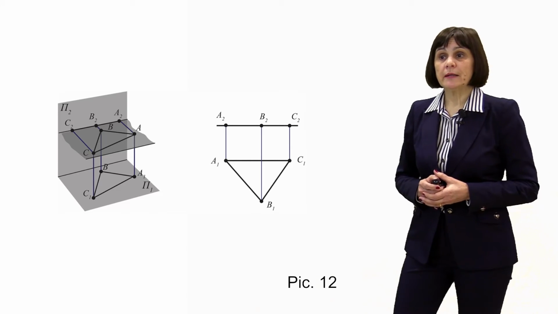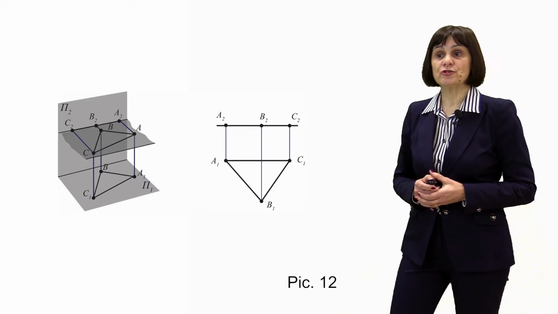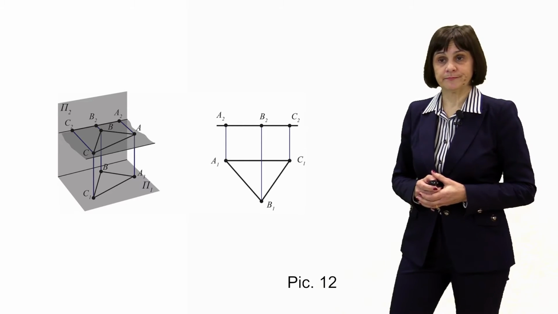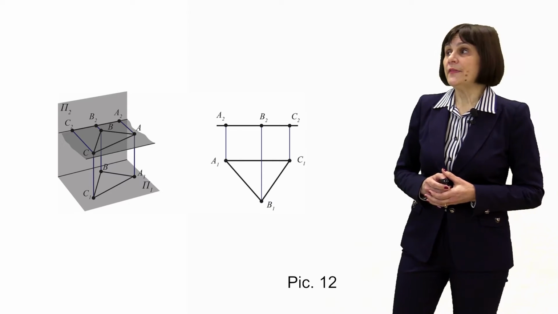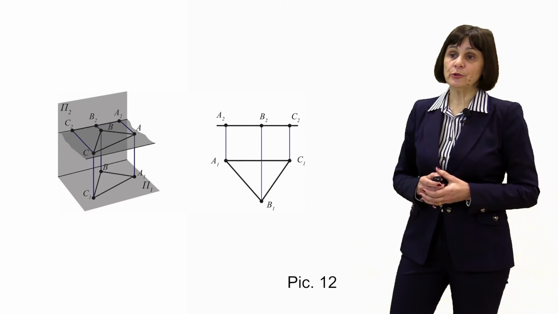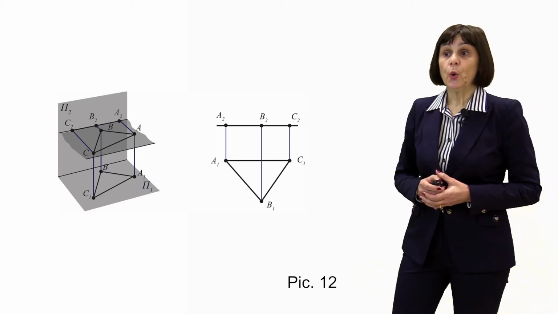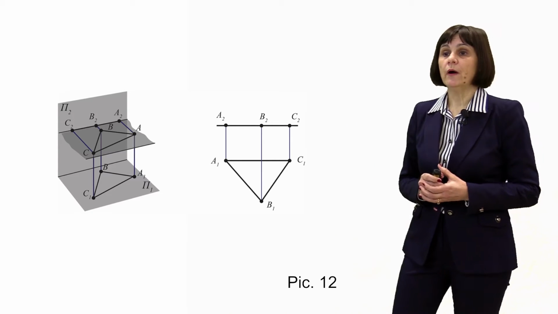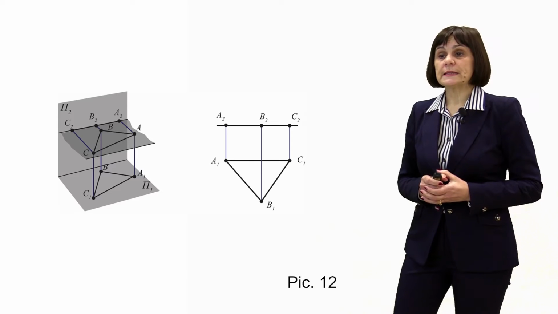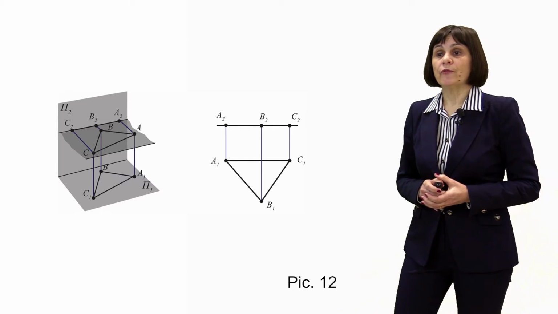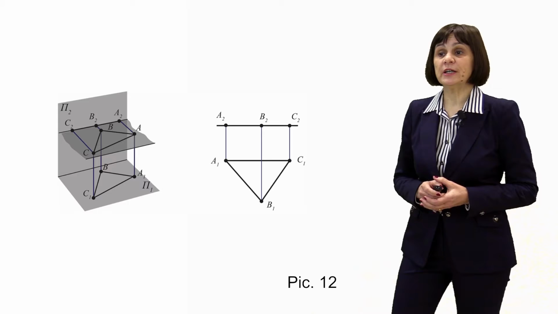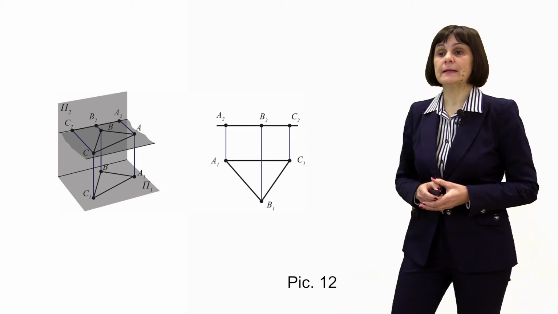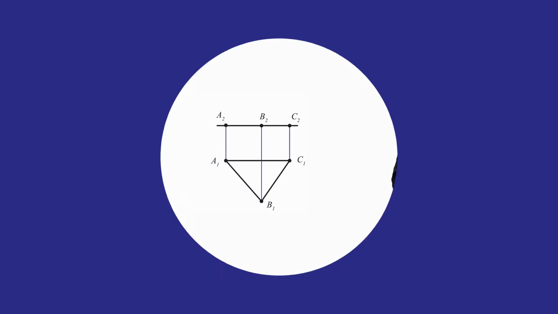Planes parallel to one of the projection planes are called level planes. The example of a horizontal level plane we can see on this drawing. All objects lying in the plane of the level are projected on a parallel plane of projections in full size.